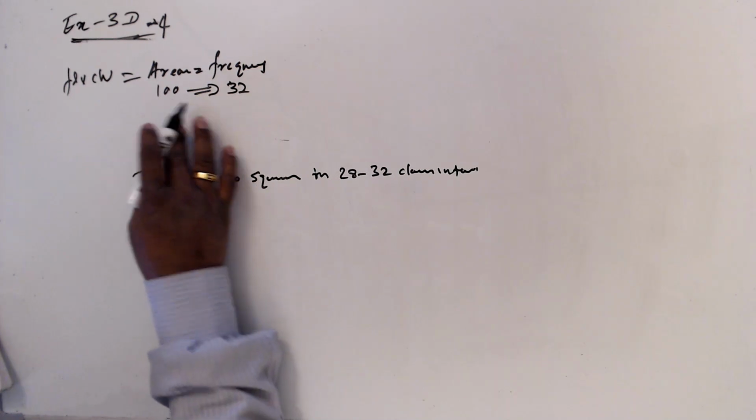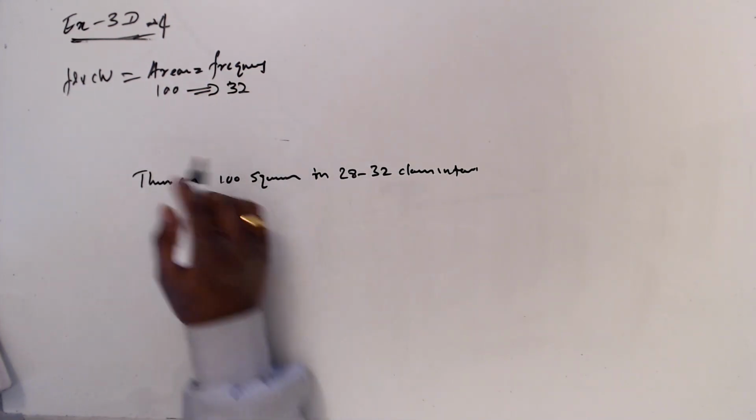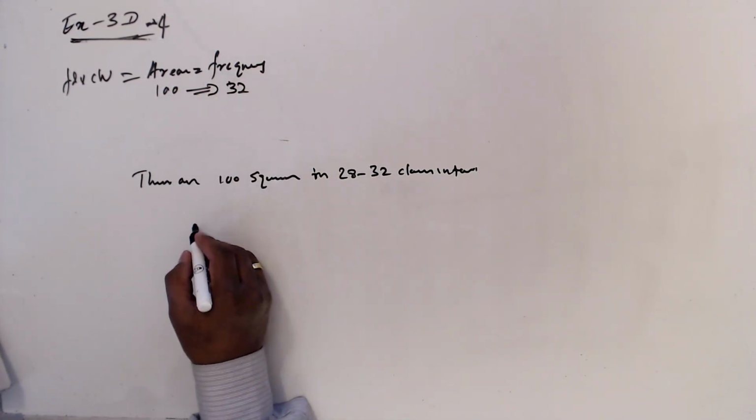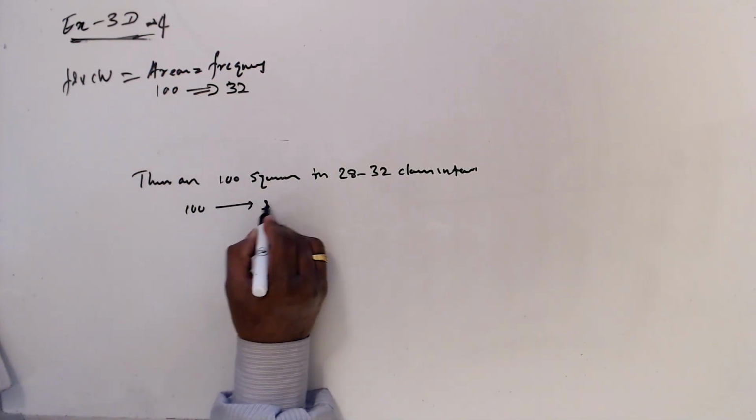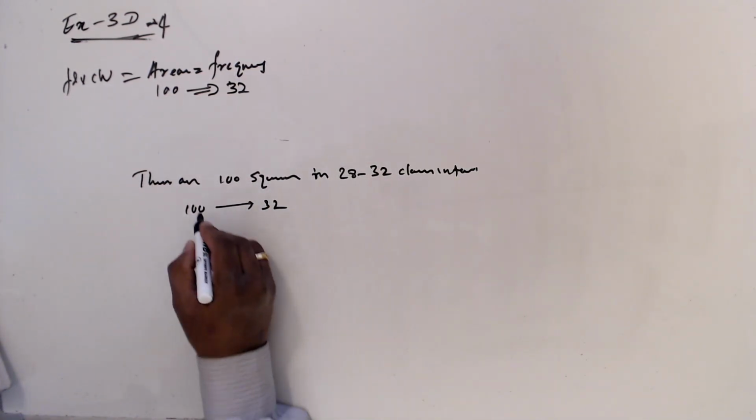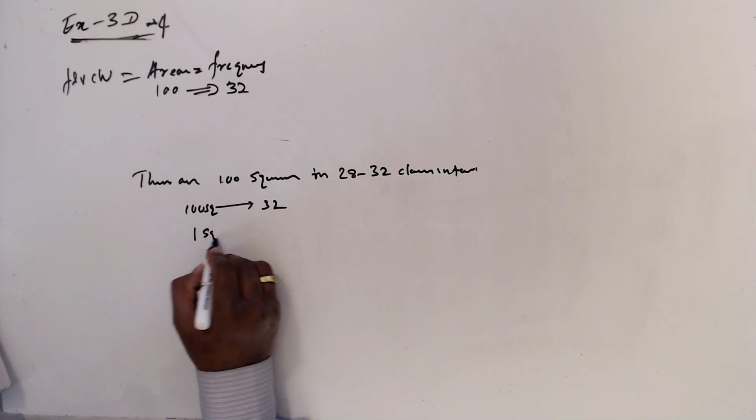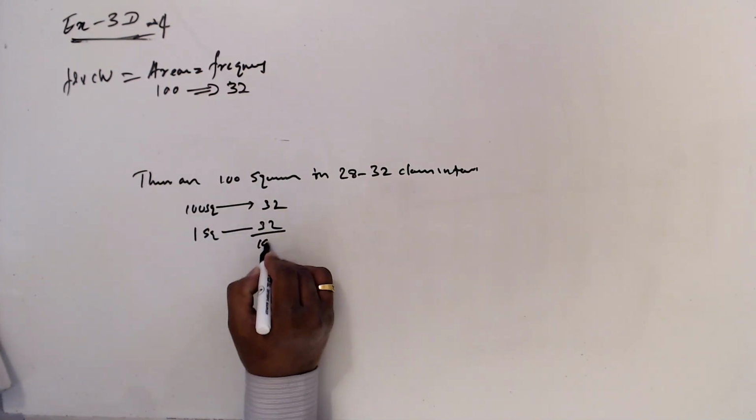So 100 represents 32, then one square represents 32 divided by 100.